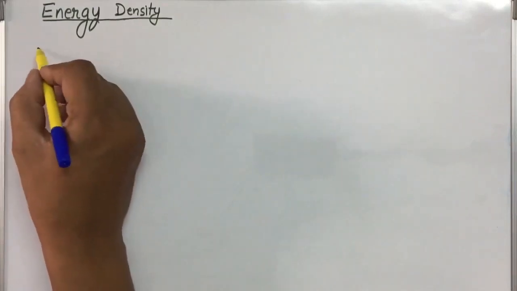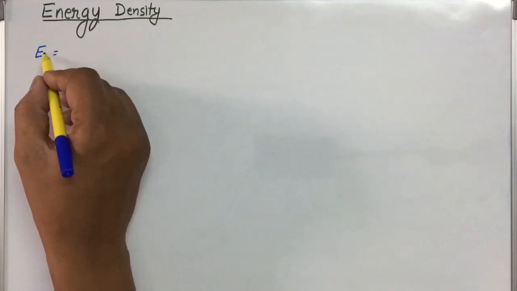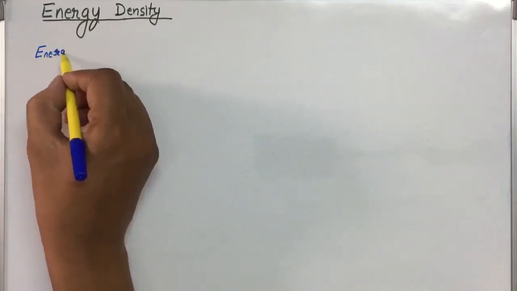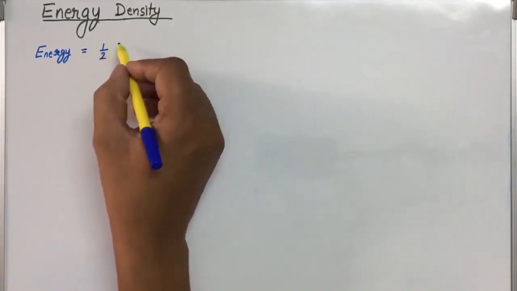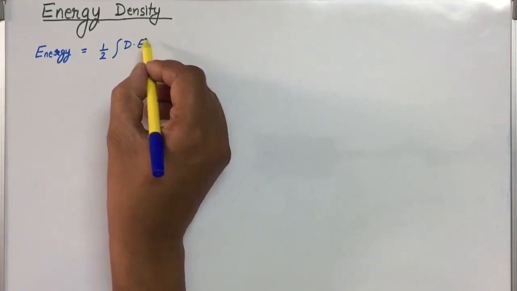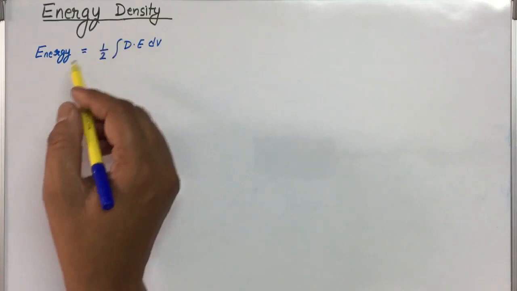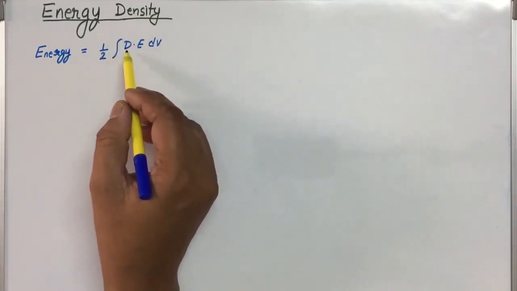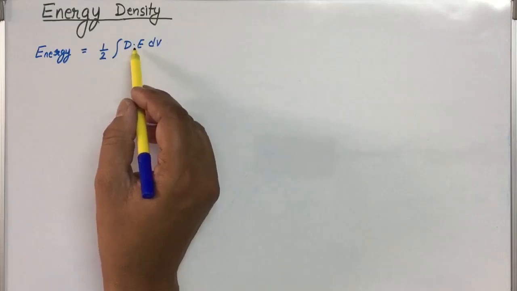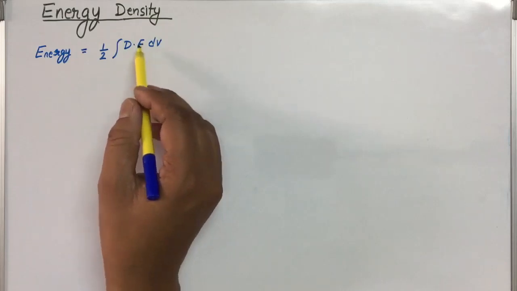In electrostatics, we came to know that energy can be written as half the volume integral of D dot E, that is, half the volume integral of electric flux density with the dot product of electric field intensity. This is the energy in electrostatics we have seen there.